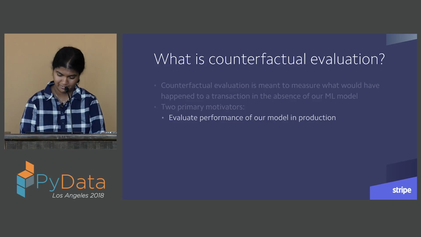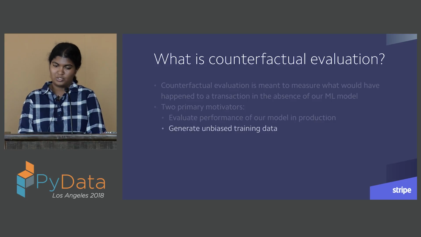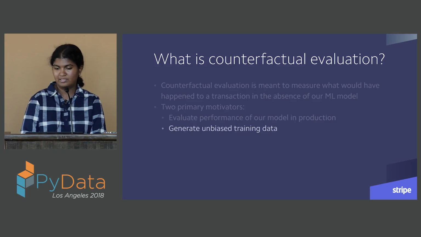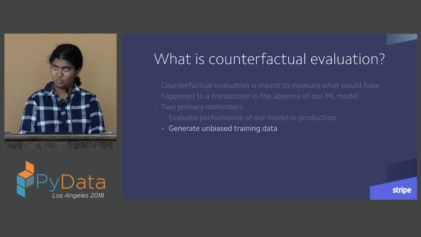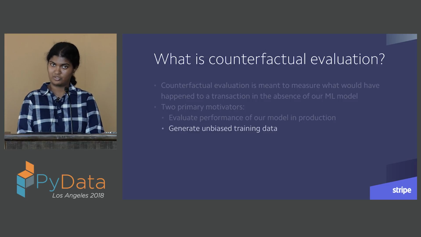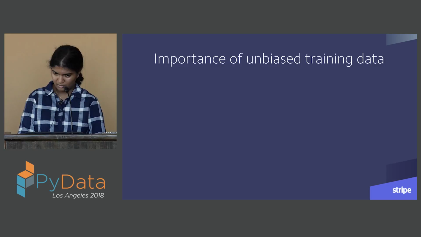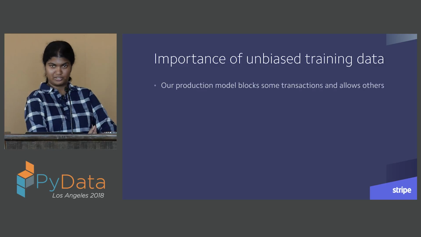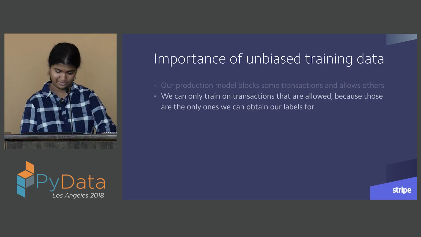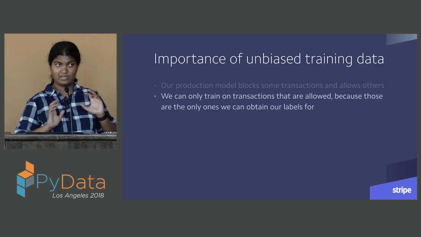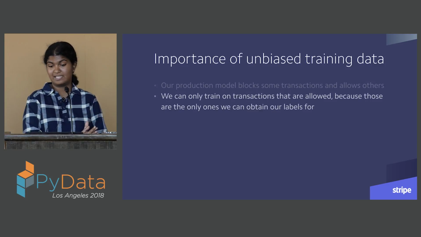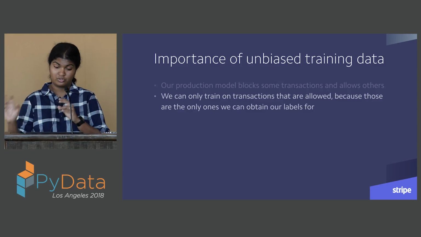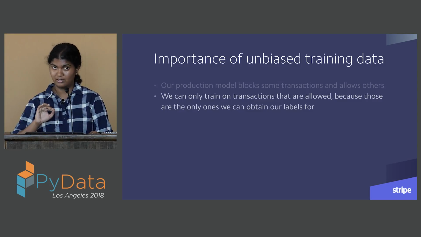The second reason, which might not be as intuitive, is that this is the same way we generate unbiased training data. Why is that true? Our model in production is blocking and allowing transactions. We can ultimately only train on the transactions that we have labels of fraud and not fraud for.